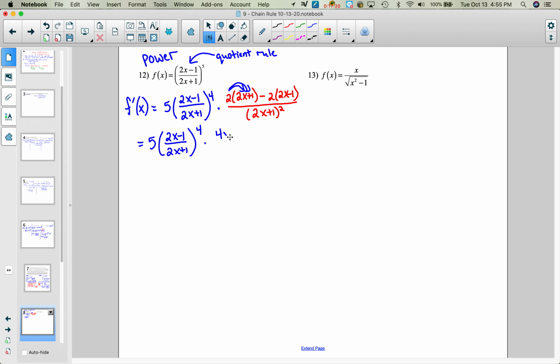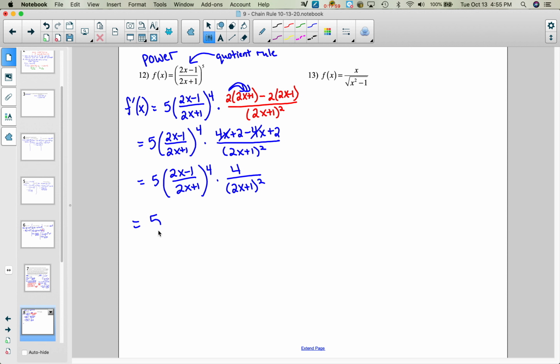So I get 4x plus 2 minus 4x, and then that's going to distribute here too, plus 2 over this. So the 4x's cancel, and I'm left with 5 times (2x minus 1) to the 4th power, and this is going to be a 4 over this. So I can actually multiply the 5 times 4 and get 20.